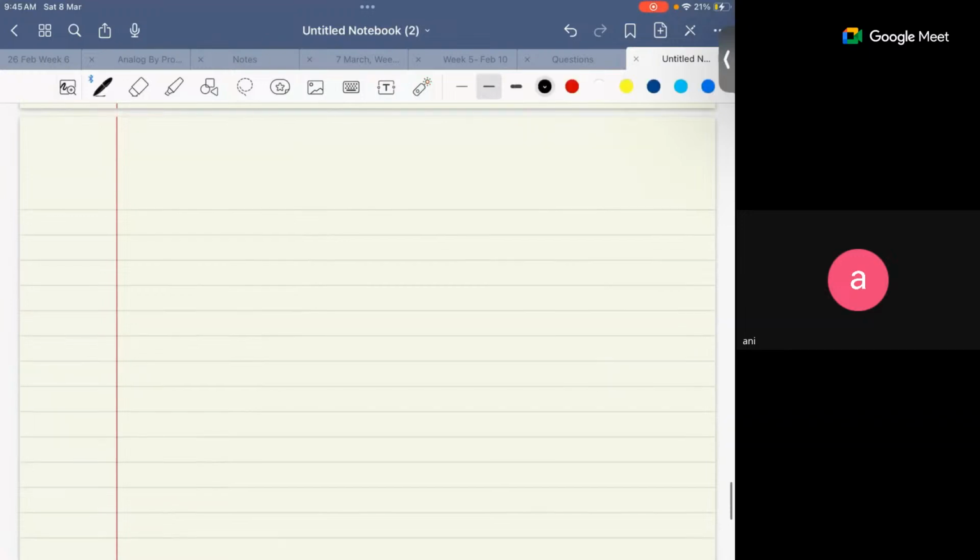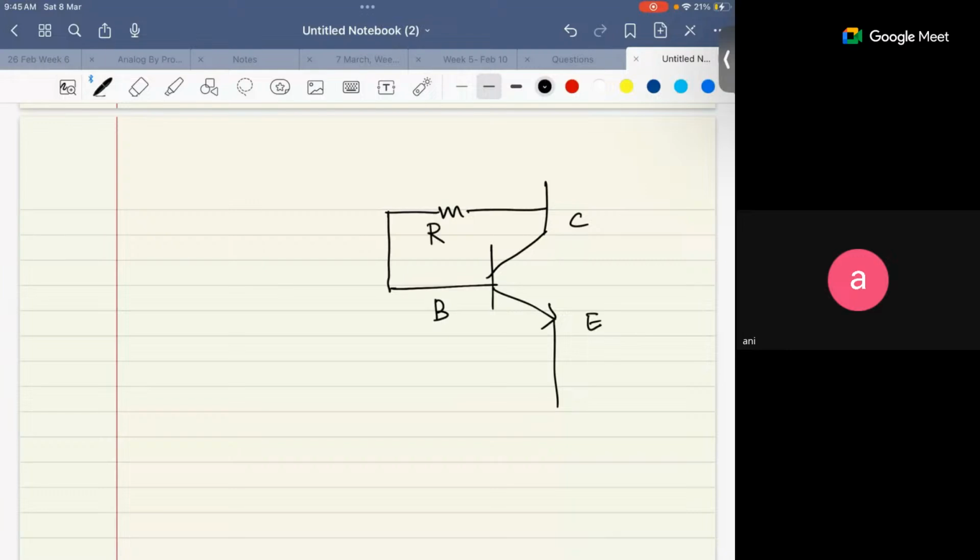So let's say you have a question something like this. Mostly it will be NPN only. There's a collector, base, emitter. You have a resistance here, RC, and this is connected to 15 volt.